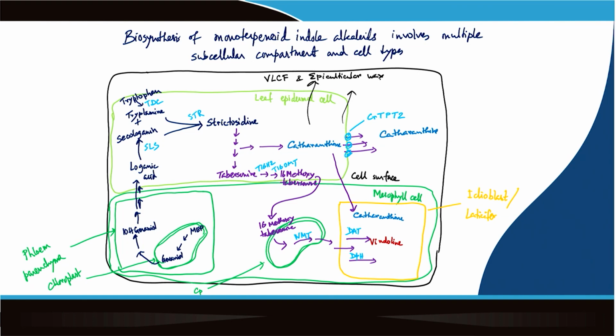Okay. So, one way to isolate catharanthine is to collect the leaf and then immerse the leaf in chloroform for around 10 minutes, and then all the catharanthine will be transferred from the leaf surface into the chloroform, and later this can be purified and collected.